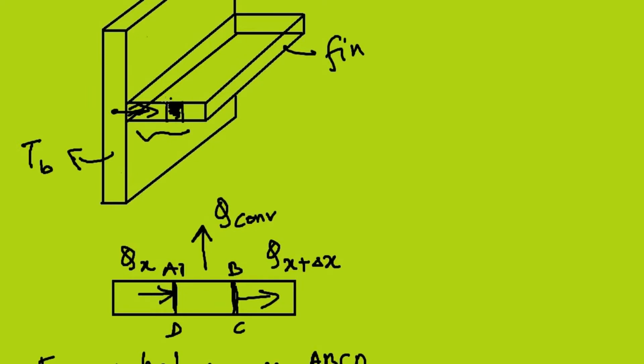This is the region that I am taking, this small elemental portion from this block. I am taking the heat balance over here. This cross section from this side is A, B, C and D. It is a little bit messy over here, but I think the point is clear.